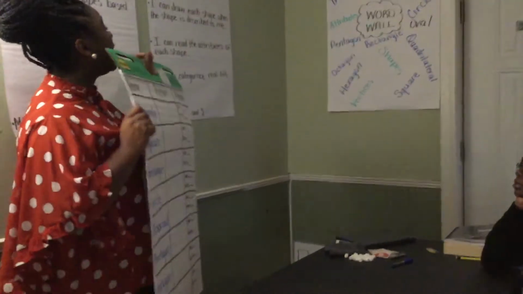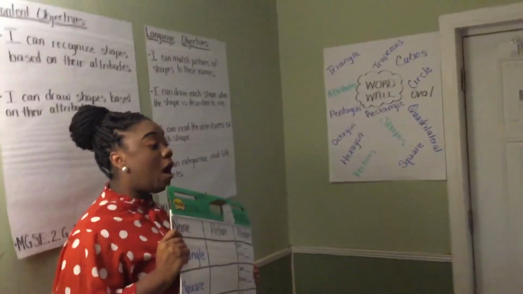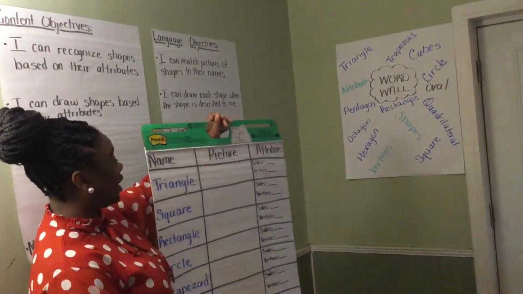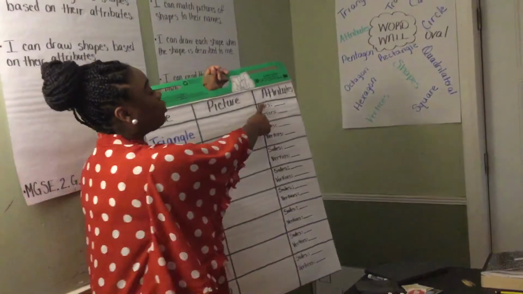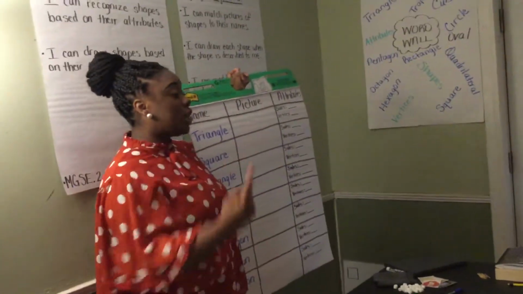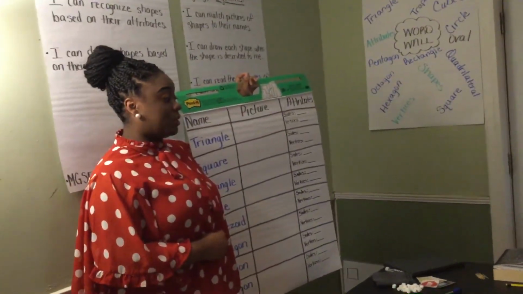Now, I told you in our objectives, our language objective says, I can draw each shape. So we want to make sure that you know how to draw each shape. You also have to be able to read the attributes. Once you complete your graphic organizer, I want you to take turns reading the attributes to each other, okay?